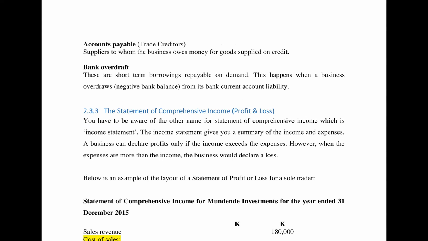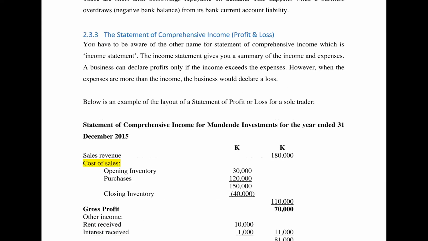All right. We can pass a comment now on the statement of comprehensive income, or the statement of profit and loss.